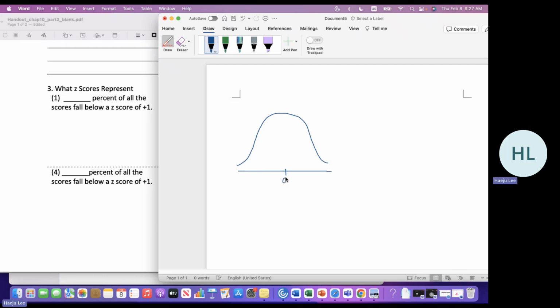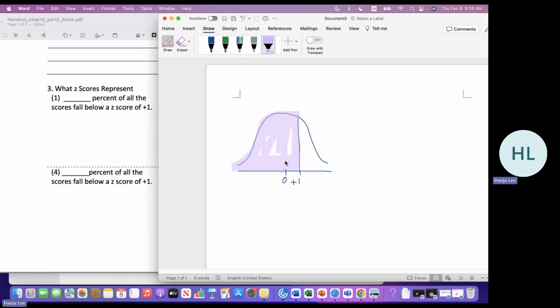So this is the mean, which is 0. But we want to know the percent of the area below the G score of 1, right? So this is the +1. So we want to know this whole area, right?